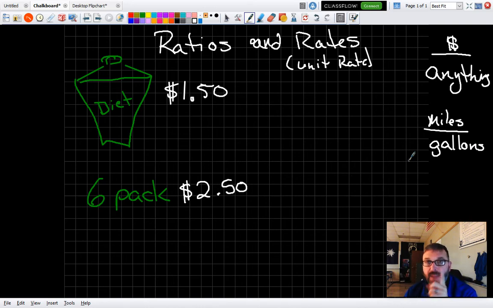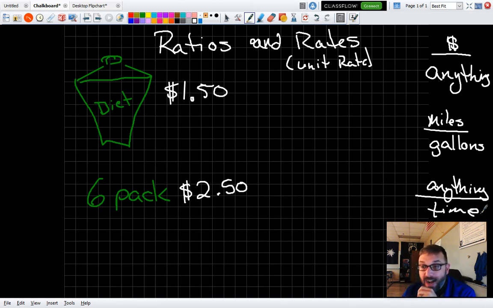Always. They want to know miles per gallon. Nobody cares about gallons per mile. It will always be miles per gallon. Miles on top. This actually gets into distance over capacity for later in life, but it will always be represented like this. The other thing is you will always have anything else over time. So if it's something per hour, hours goes on bottom.